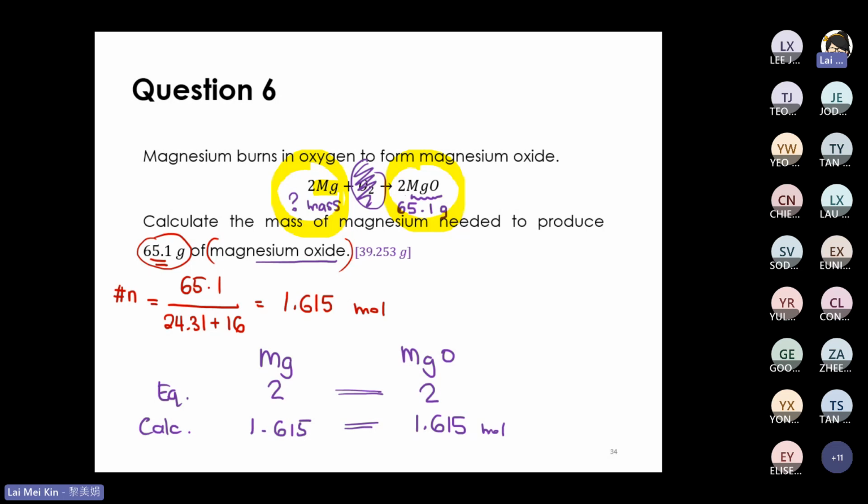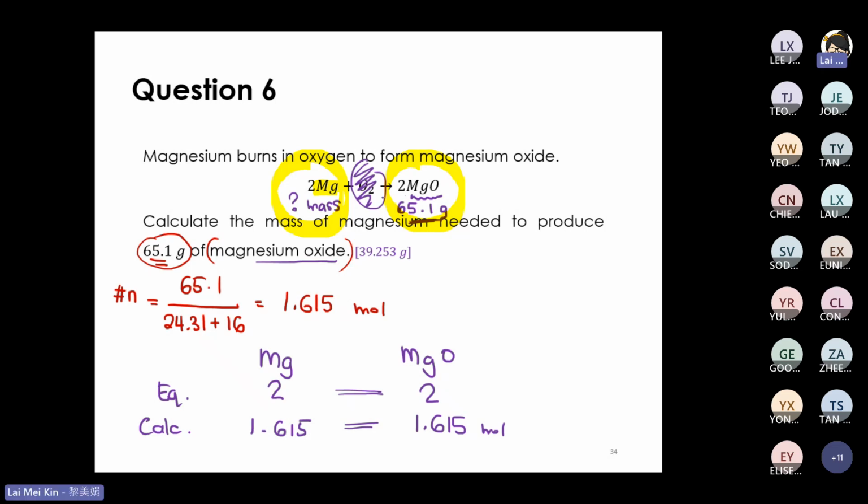So I repeat, when you have questions like this, what do you do? Number 1, look for the information that you have, highlight it, put it in the question, because sometimes the question will be very long. Put it in the equation. Second, figure out from the information that you have, what can you calculate? You have the mass, you can calculate number of mole. Third, highlight the information that you have and what you need to find.